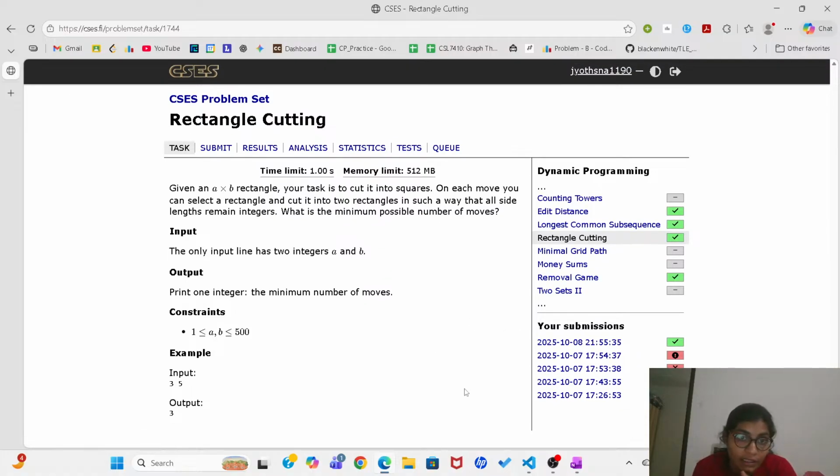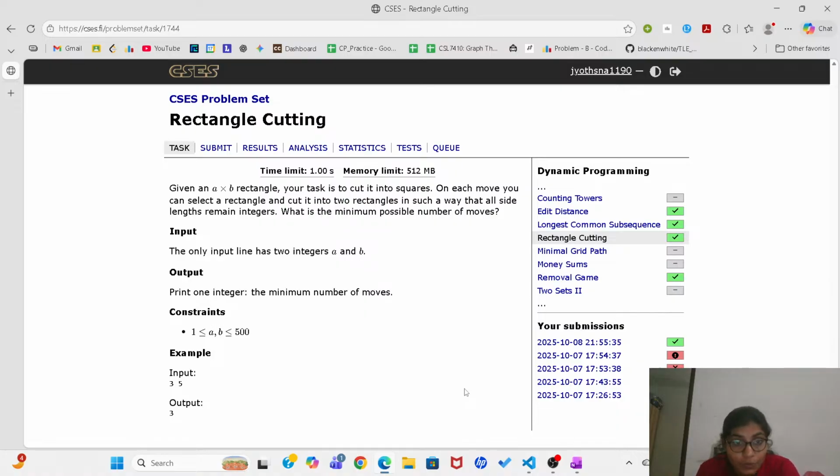Given a rectangle, your task is to cut it into squares. On each move, you can select a rectangle and cut it into two rectangles in such a way that all the side lengths remain integers. We have to take a rectangle and cut it into squares, not two.